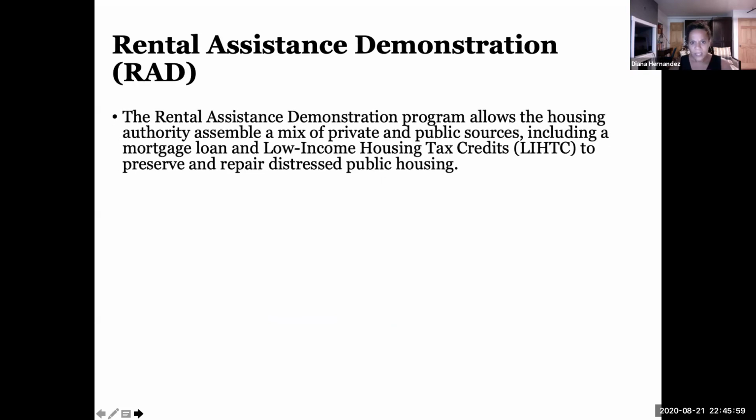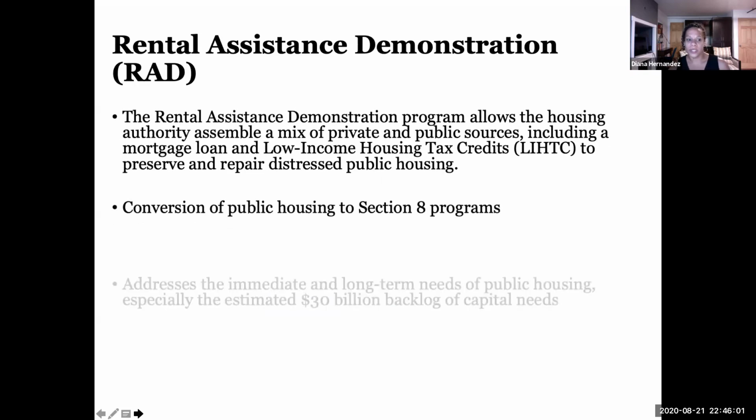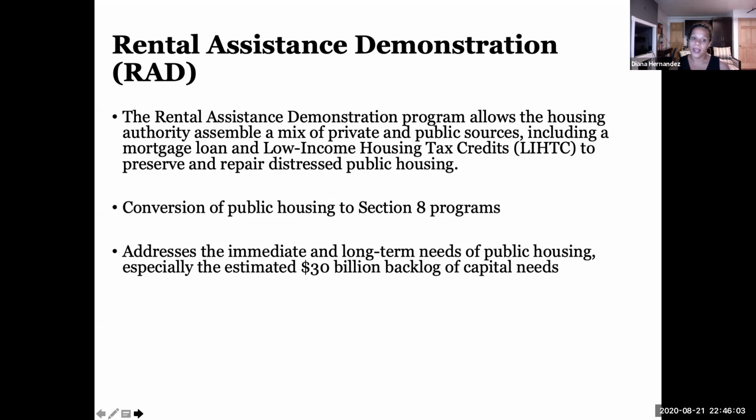So the Rental Assistance Demonstration was really introduced in the Obama era, and it serves as this opportunity for housing authorities to assemble a mix of public and private resources, including mortgages and low-income housing tax credits to preserve and repair distressed public housing.